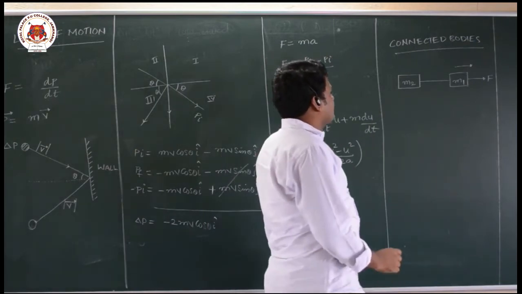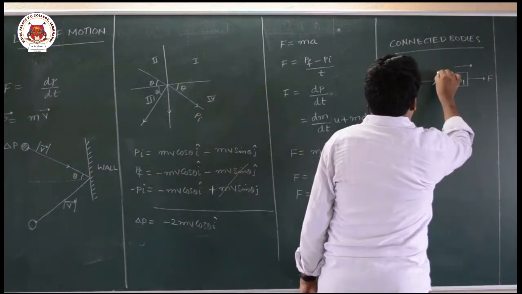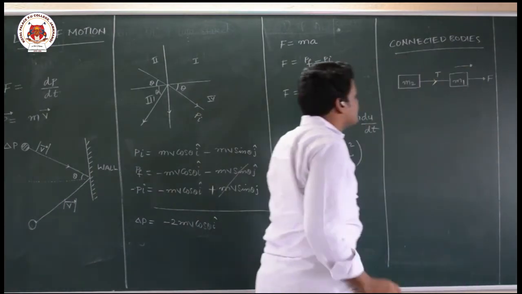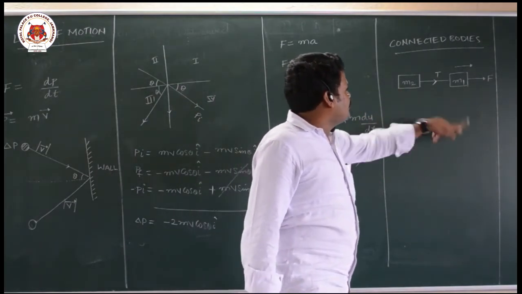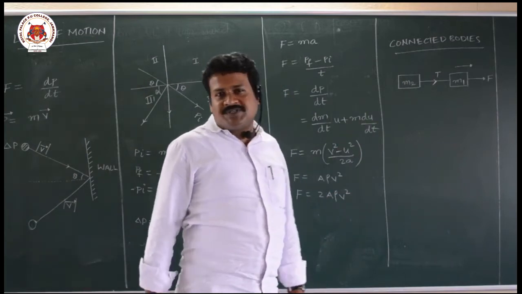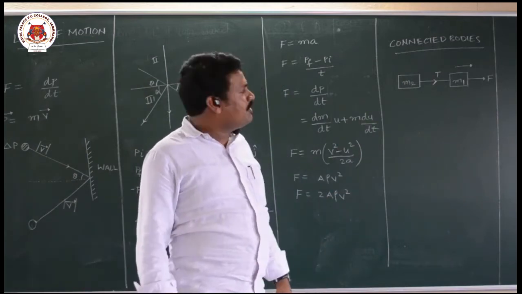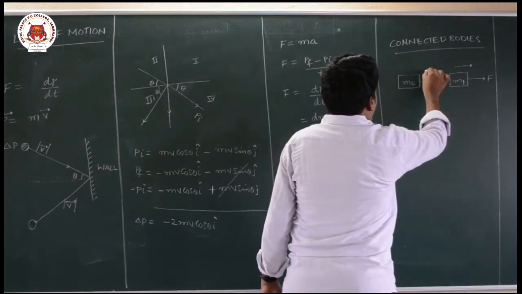So m1 applies a force called tension. The force developed in the string is called tension. It pulls m2 with tension T. Now what will m2 do? According to Newton's first law, it has inertia. So this is the action and it will give the reaction.